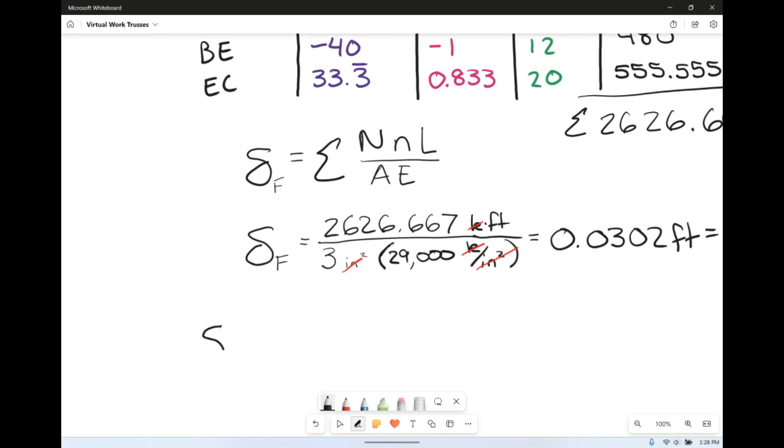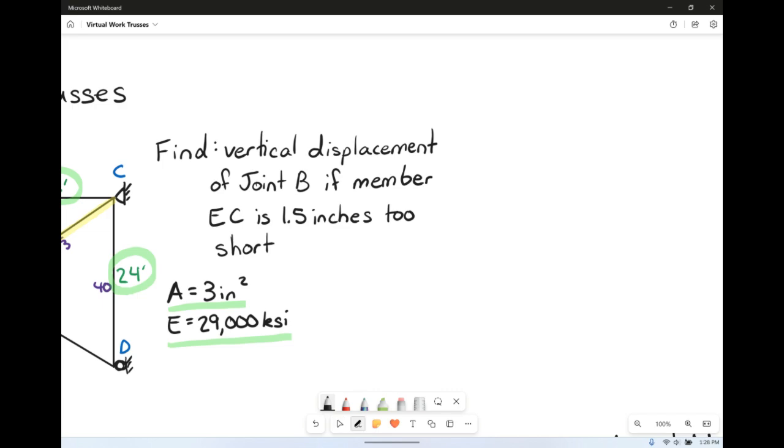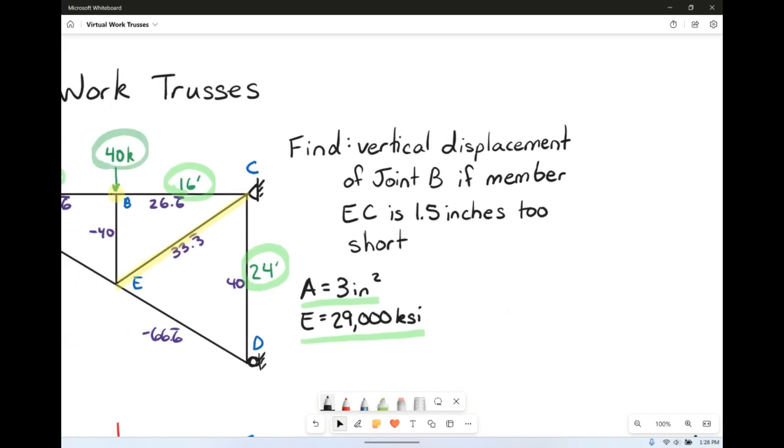Then we need the deflection due to fabrication error. And that equation is the sum of all the lengths, the shortened or extremely long lengths, times n. Well, there was only one member that had fabrication error, and that was EC.